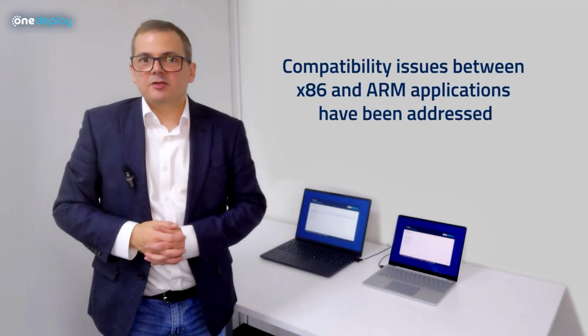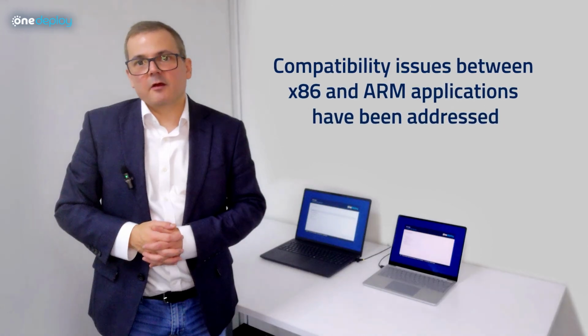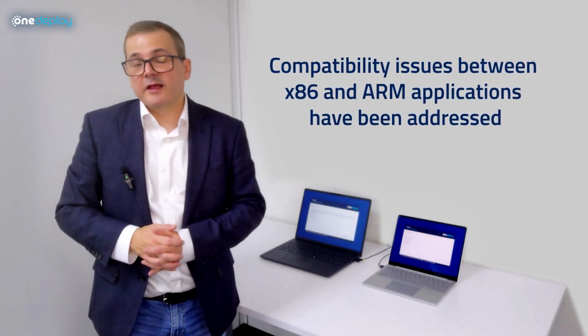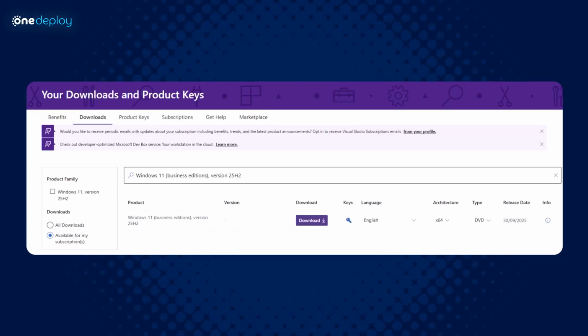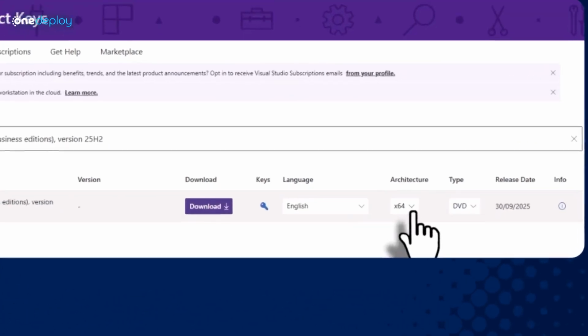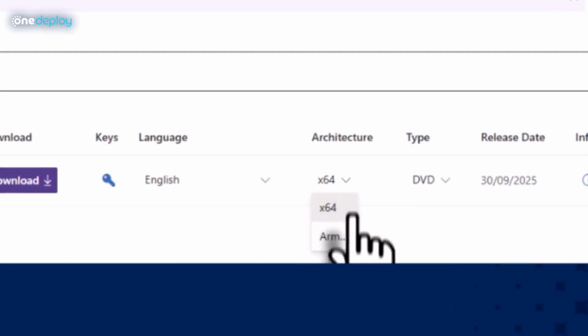The compatibility issues between x86 and ARM applications have largely been addressed. Most software runs absolutely fine under emulation, all of which is completely transparent to the end user. Windows 11 on ARM is installed from completely different installation media, in the same way we used to use different media for 32-bit and 64-bit versions of Windows.